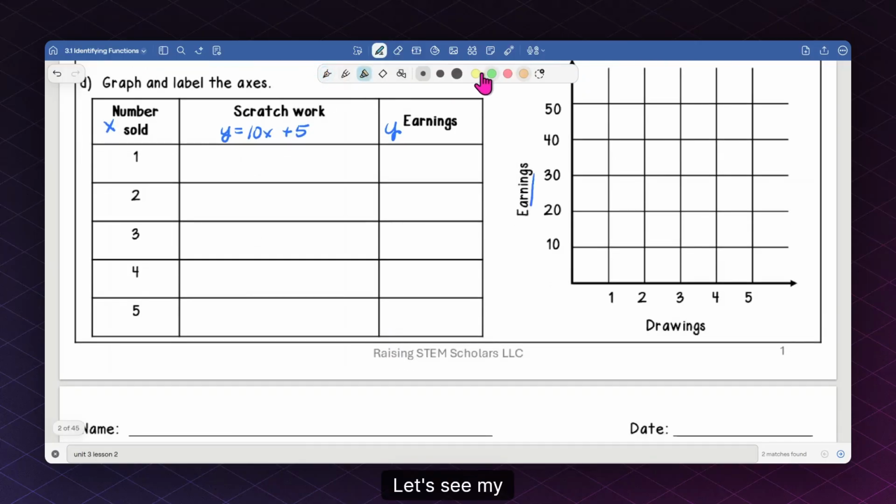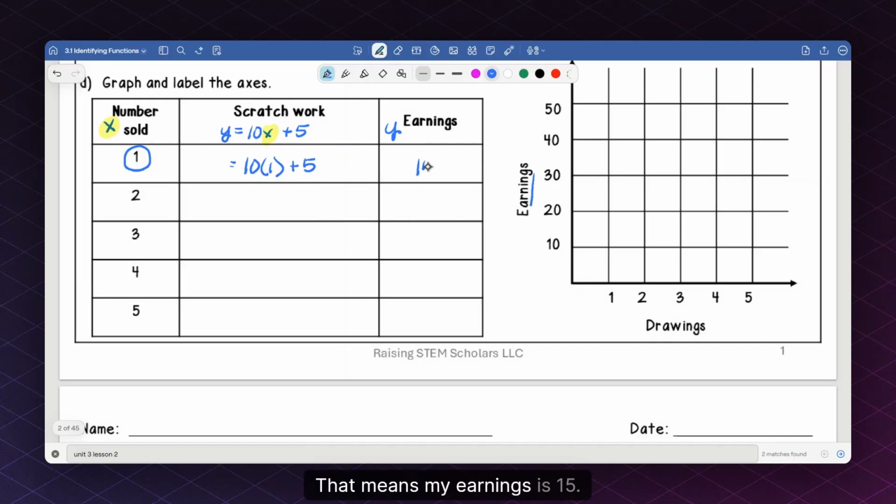Let's see, my x goes right here. So all of these numbers, I'm just going to put in that spot. So if I have 10 times 1 drawing plus 5. Well, 10 times 1 is 10, plus 5 is 15.